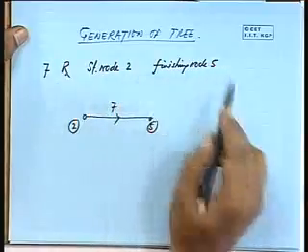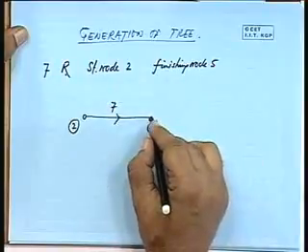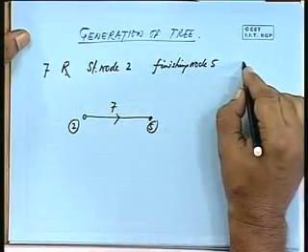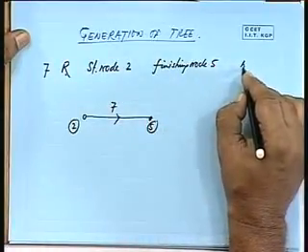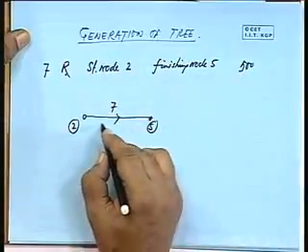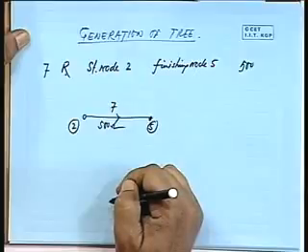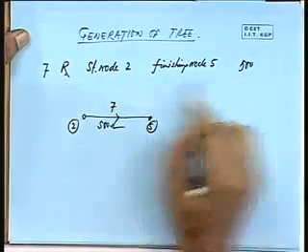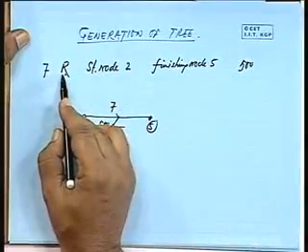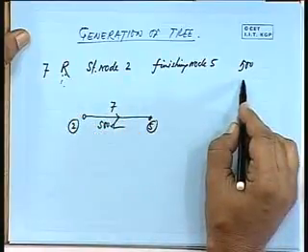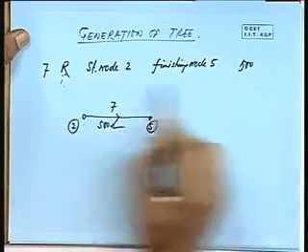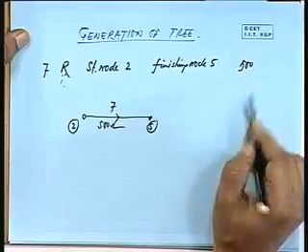The data has to be entered like this, finishing node 5, and then element value, resistance can be say 500, means 500 ohms. So the moment you define this, if it is L, it will be in Henry, if it is C, it will be in farads, and so on.